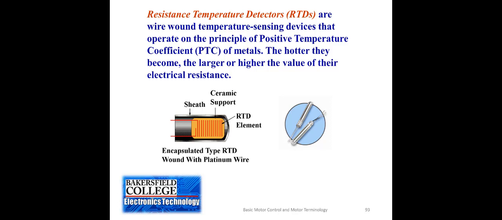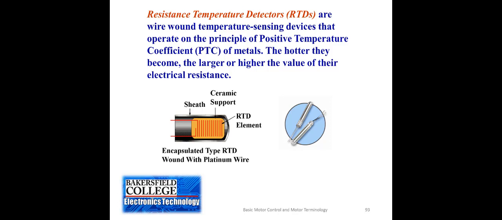And that wire is very long because it needs to be long in order to work effectively and accurately. But what they'll do is take that long wire that's very, very thin and wrap it around a piece of ceramic material. And that allows us to have a long piece of wire, but focus that on a very small end of the probe.